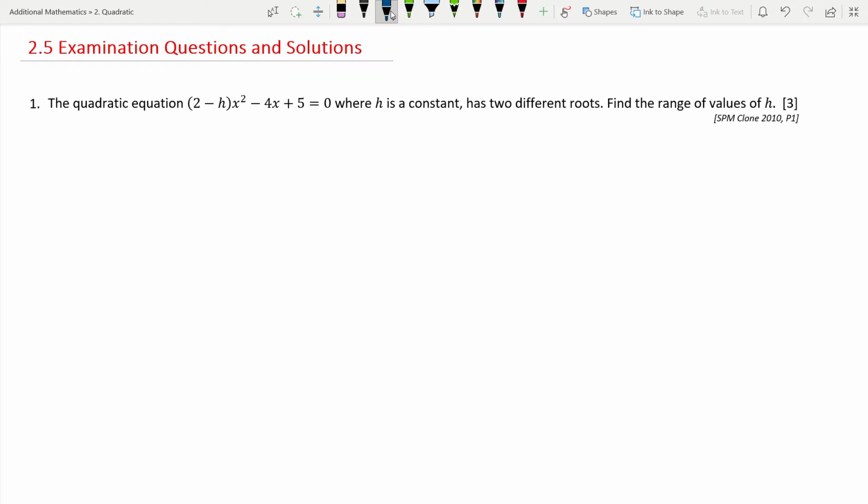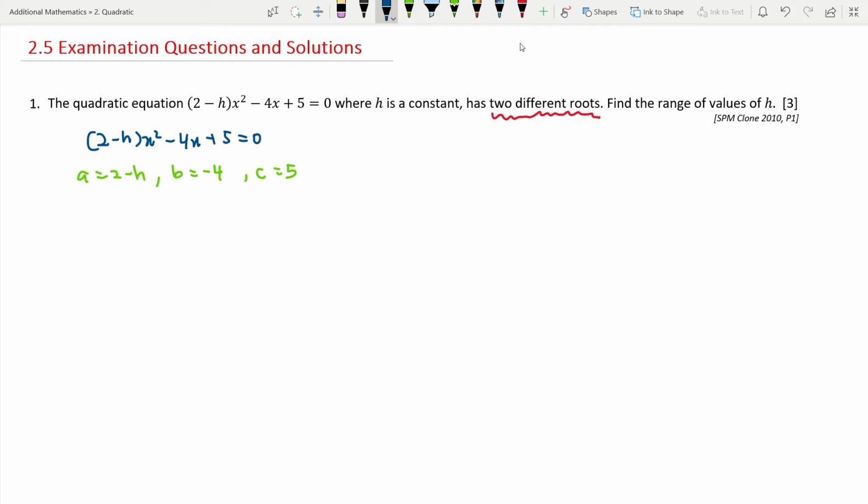First, we have the quadratic equation (2 minus h)x squared minus 4x plus 5 is equal to 0, where a is equal to 2 minus h, b is equal to negative 4, and c is equal to 5. We are also told that it has two different roots.